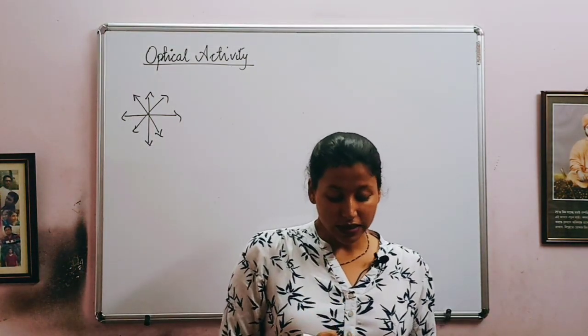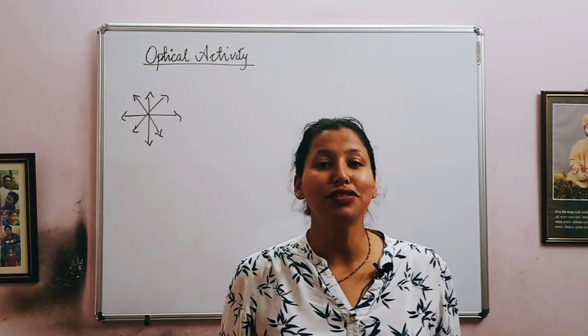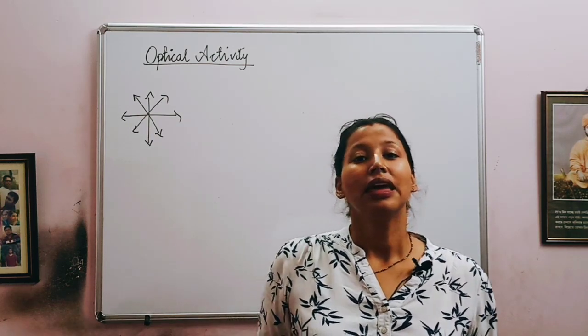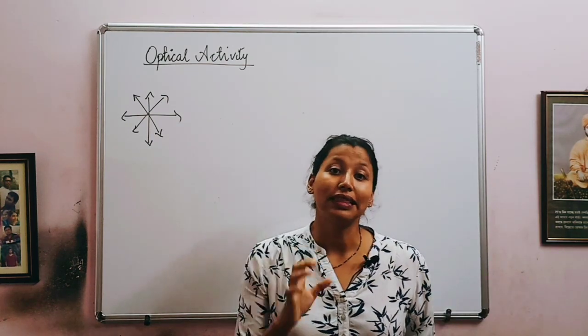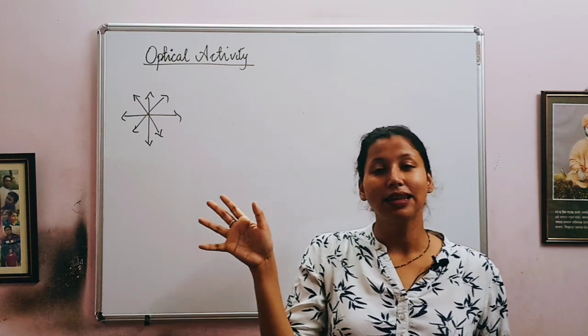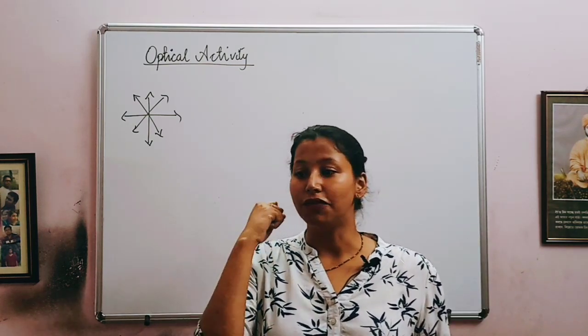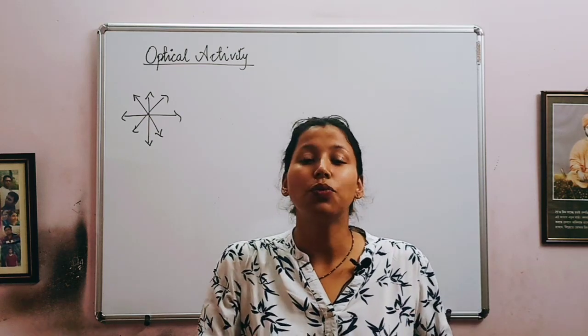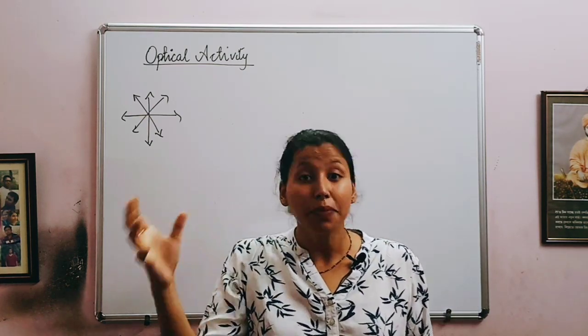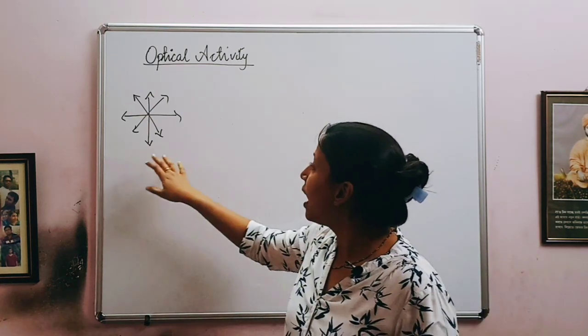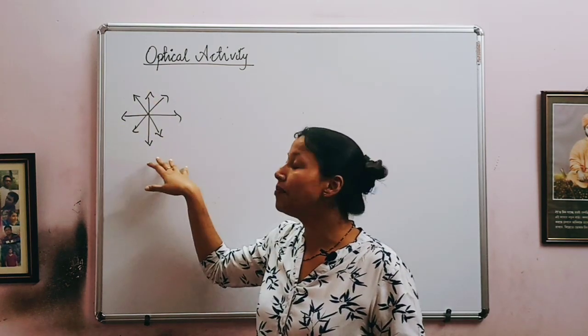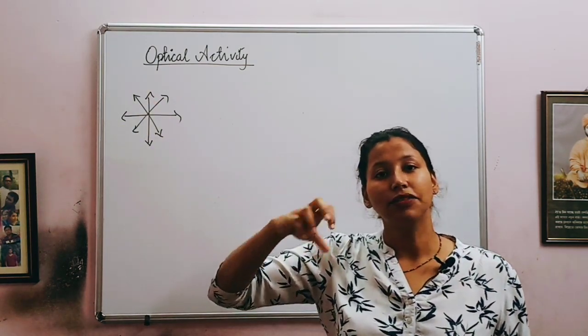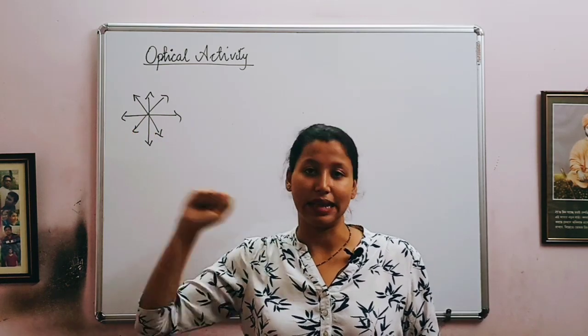Optical activity has to take place in the presence of light. Now, you all know that normal light consists of radiations which vibrate in all different planes. So I have made a diagram showing light vibrating in all different planes.